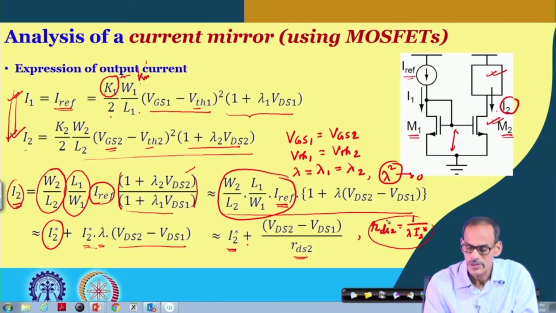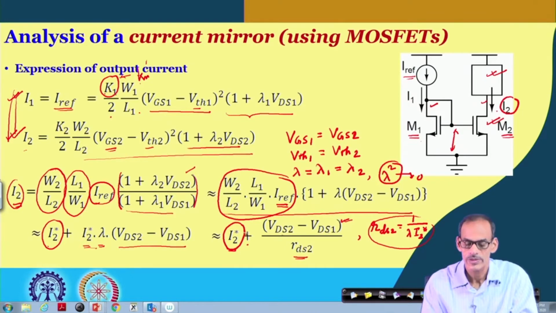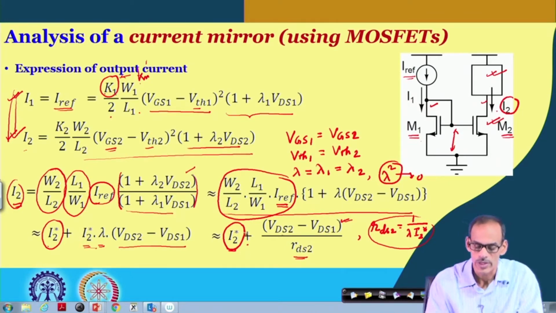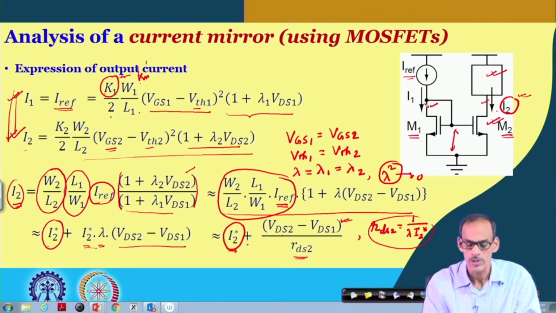We can say that if the voltage here and the voltage here, namely the drain voltages of the two transistors, are equal, that makes this part equal to 0, and hence I 2 is nothing but I 2 star. So I 2 star is the current of transistor 2 when the two drain voltages are equal.